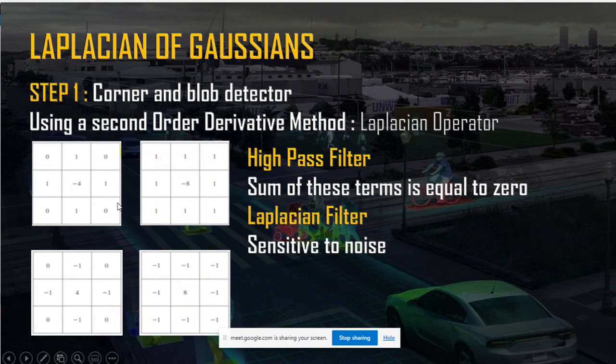So consider the first image: 0, 1, 0, 1, minus 4, 1, 0, 1, 0. If we add up all the values, it adds to zero. Likewise for the second image, the third image, and the fourth image. The third and the fourth image are essentially the negatives of the first and the second image.